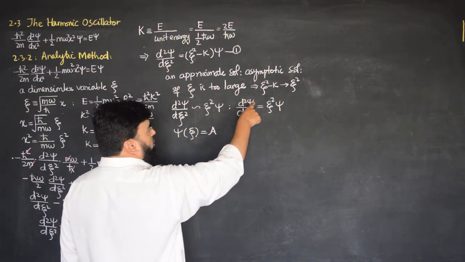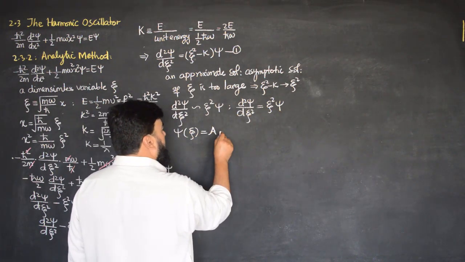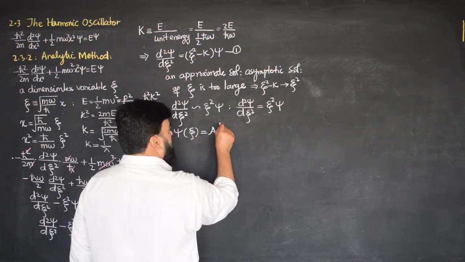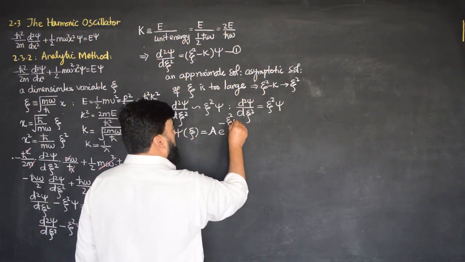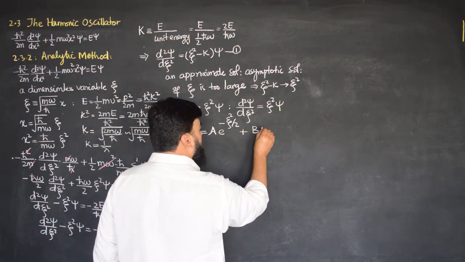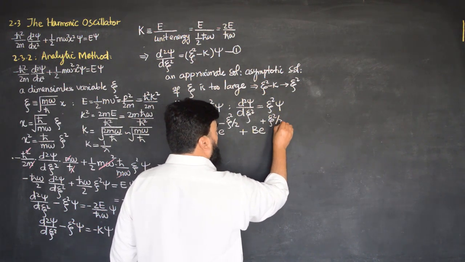It is a second order differential equation, so we will have two solutions. The first solution is A e to the power minus xi square over 2, while the second solution is B e to the power plus xi square over 2.